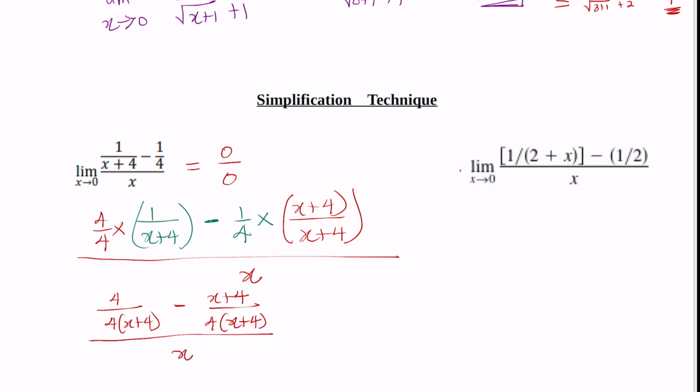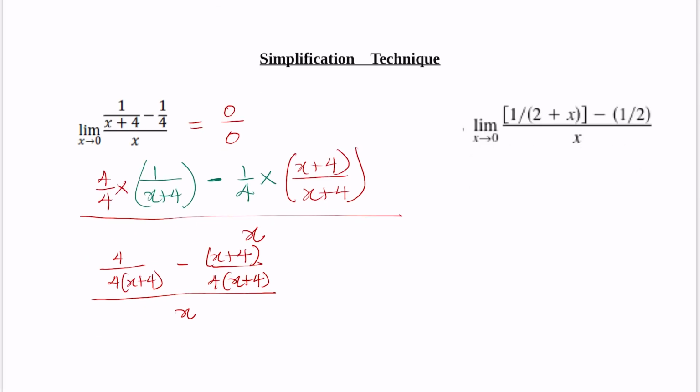Now that we have the same denominator, we can easily simplify this expression. So this gives us 4 minus x plus 4. Remember, this is in brackets. So we'll end up with negative x divided by 4 times x plus 4.